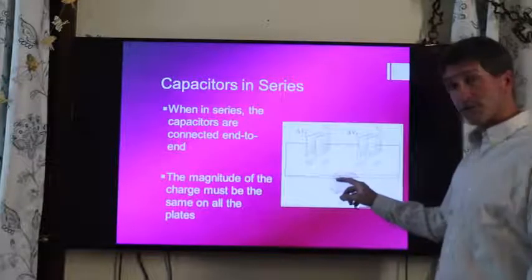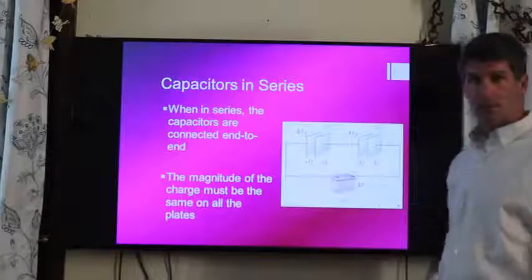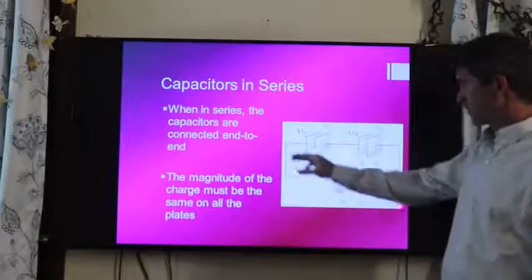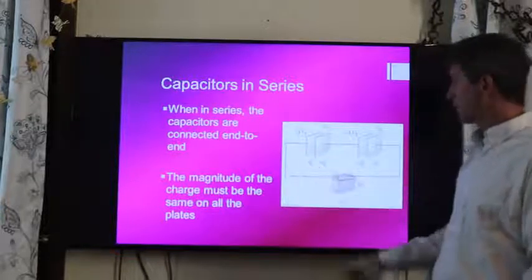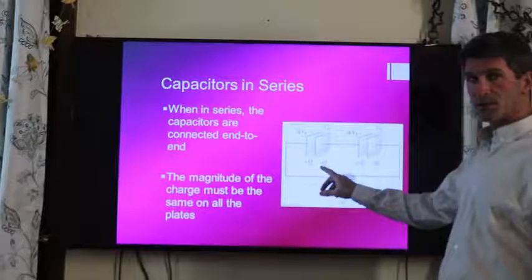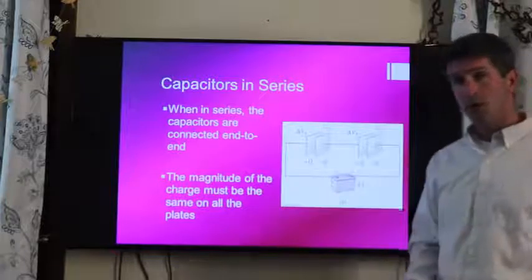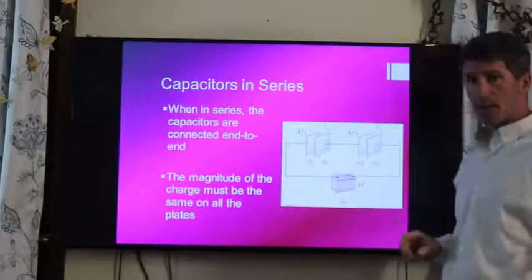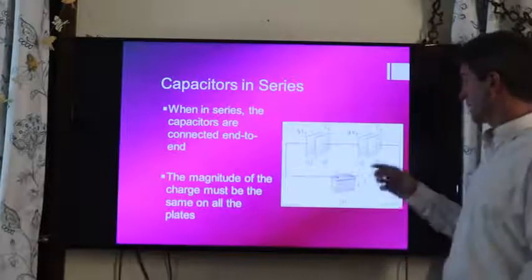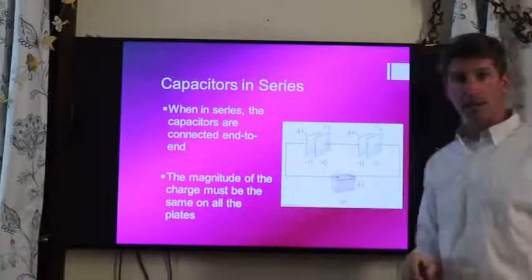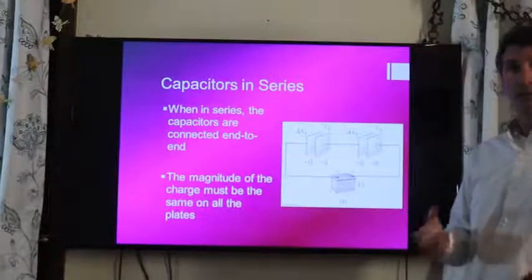Here's the other thing that we know. The current that flows from the battery to this first capacitor, however much charge builds up there, Q, is going to be equal and opposite to this side, which is negative Q. Now, if this side is negative Q, to conserve charge, this side of this capacitor must be positive Q, and again, this side must be negative Q. All right, think about this.